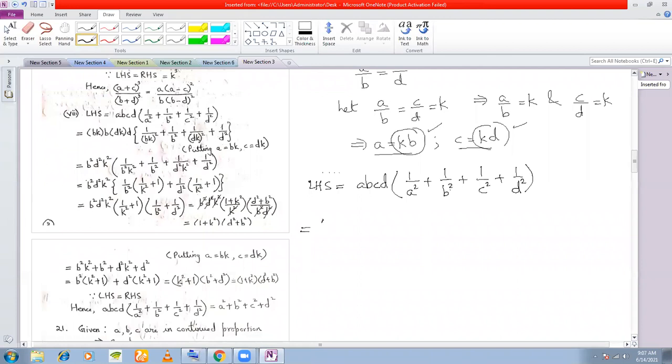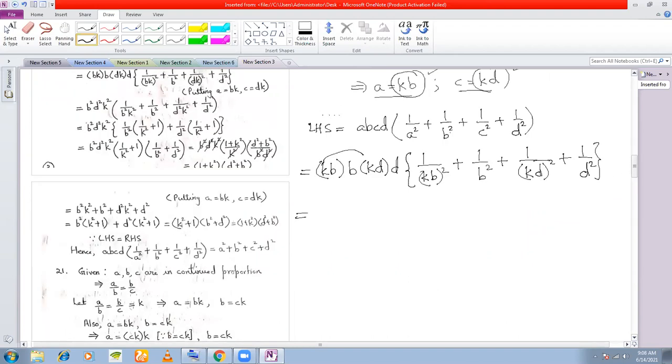Put the values. A here is KB, B we write as it is, C here is KD, and D we write as it is. Again put the value of A here, B we write as it is, 1 by B square, C we write as KD, and D we write as it is. Now we simplify this.